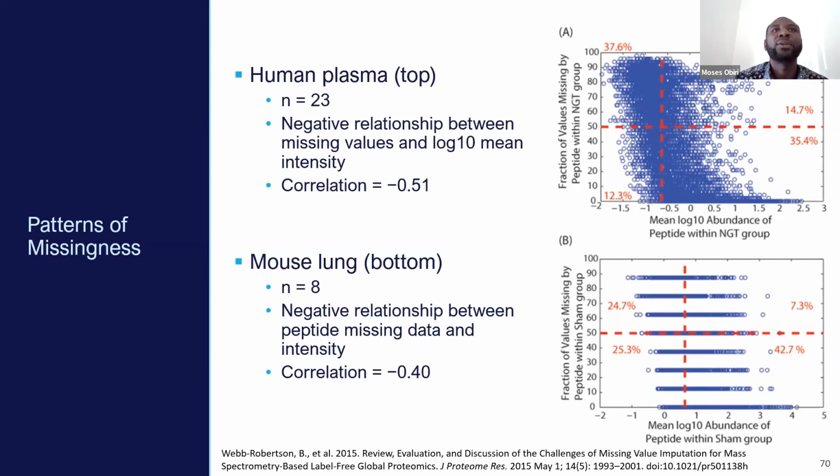The horizontal red line represents a 50% threshold, where 50% of the peptides are missing across all samples, and the vertical red line is the overall mean peptide intensity for the data set.